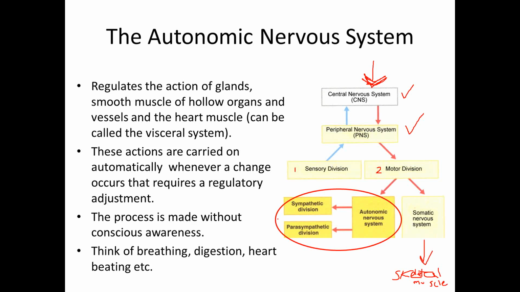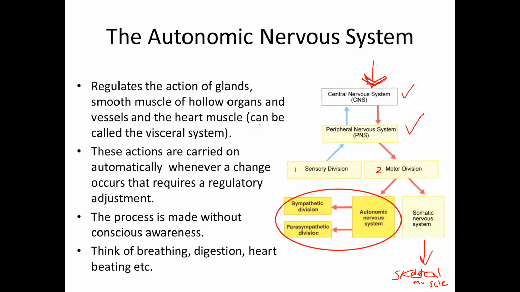However, the other part of that moving nervous system, the motor division, is the autonomic nervous system. The role of the autonomic nervous system is to regulate the actions of the glands of the body, smooth muscle of the body, and the vessels of the body, and heart muscle.